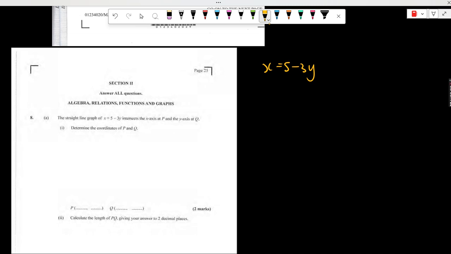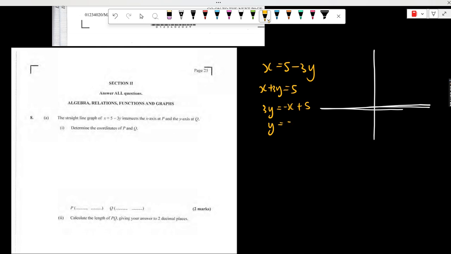So let's try to illustrate what exactly we're shown here. Let this be our pair of x and y axes. Now this line, they tell us, intersects the x and y axis. Let me just express it in a slightly different form. x plus 3y is equal to 5, so 3y is equal to minus x plus 5.